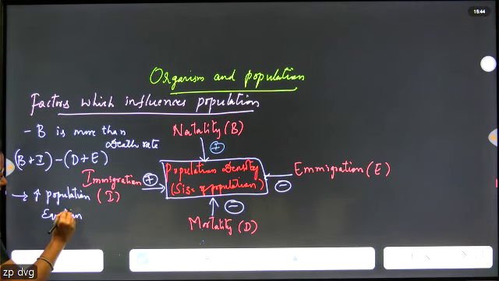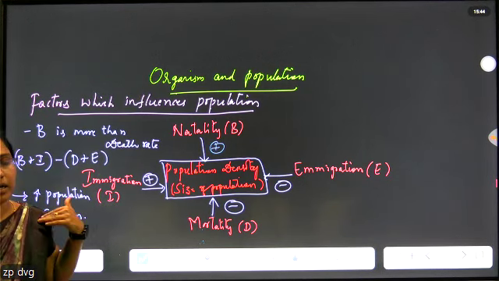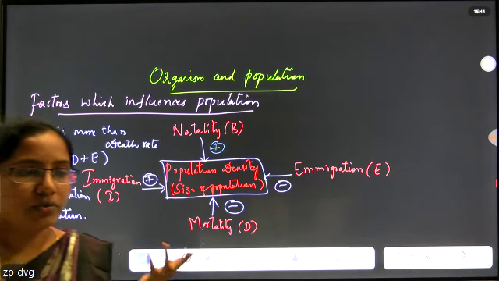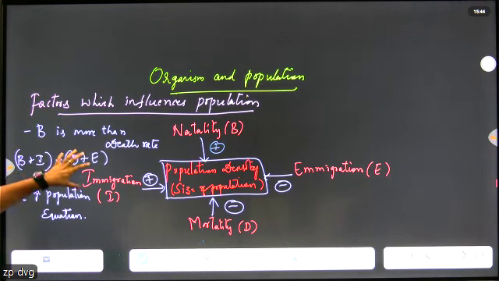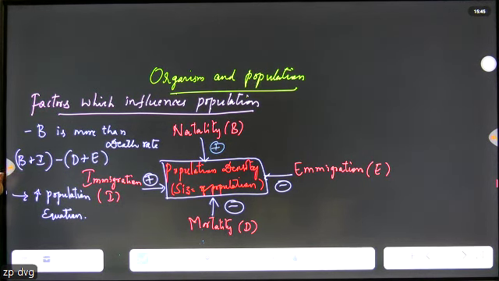In a country which shows increased population every year or in frequent years, we can conclude that the birth rate and the people entering that country are always more in number compared to the number of deaths and the number of people leaving that habitat and going elsewhere. So the addition of mortality and emigration is always lesser compared to natality and immigration, so we are subtracting the numbers.